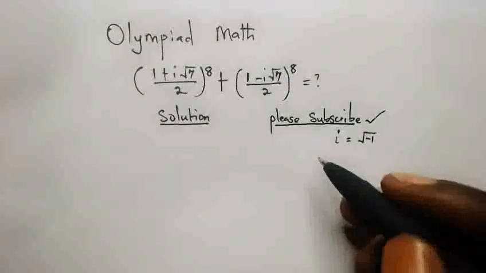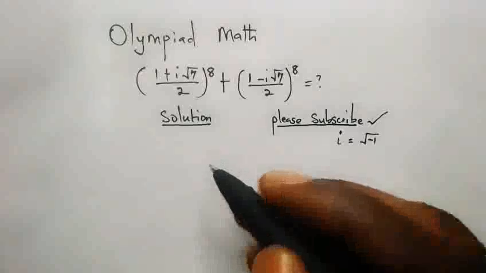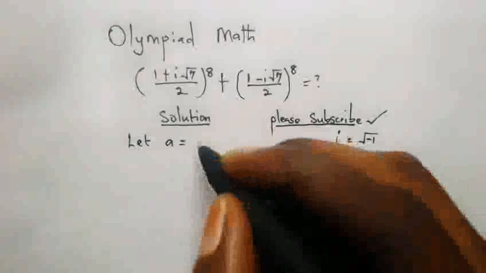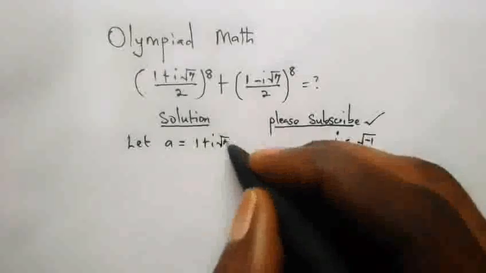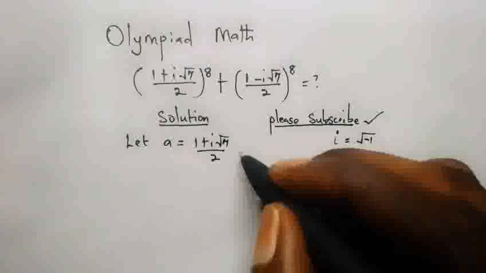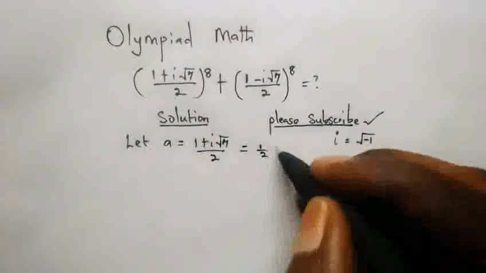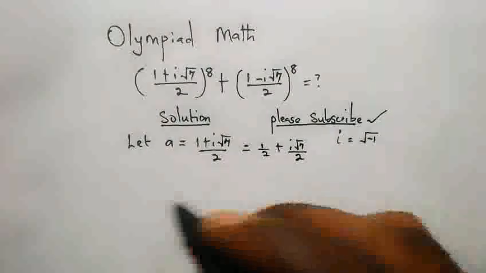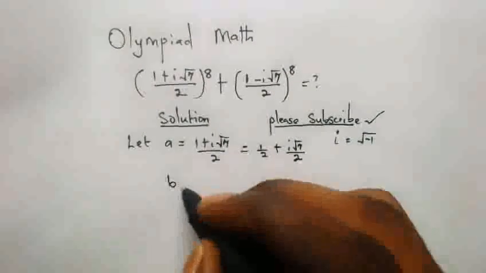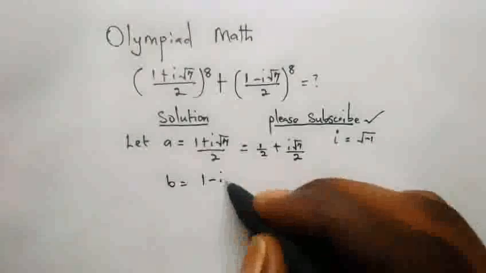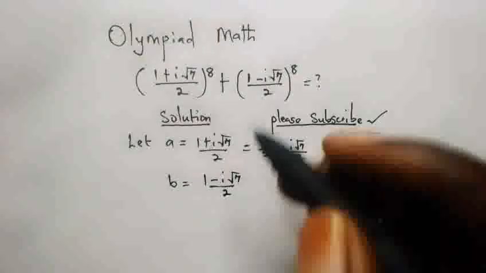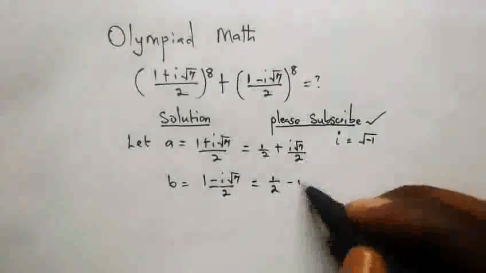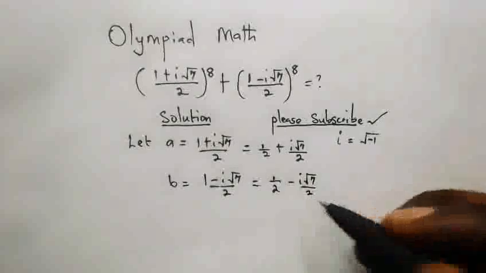Now, before we proceed, I'm going to make the following substitution. Let A equal (1 + i√7)/2. Splitting the denominator, we have 1/2 + i√7/2. I'm also going to let B equal (1 − i√7)/2, which is equal to 1/2 − i√7/2.